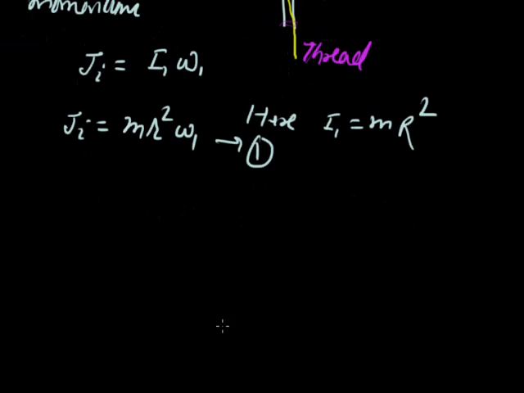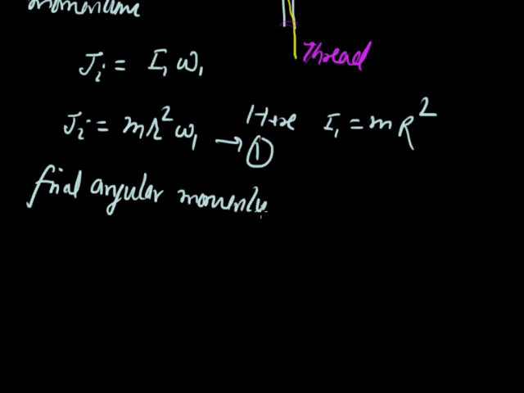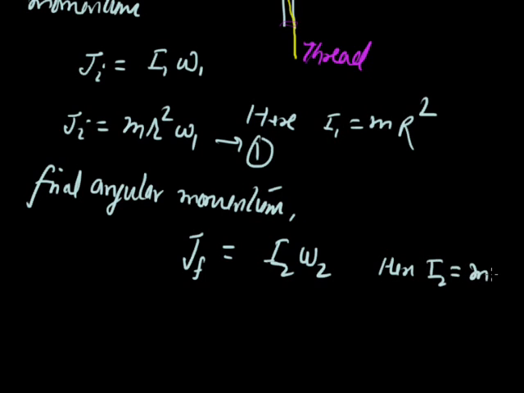Now when the radius is decreased, it becomes small r, then final angular momentum Jf will be I2 omega 2. Here I2 will be m small r square.